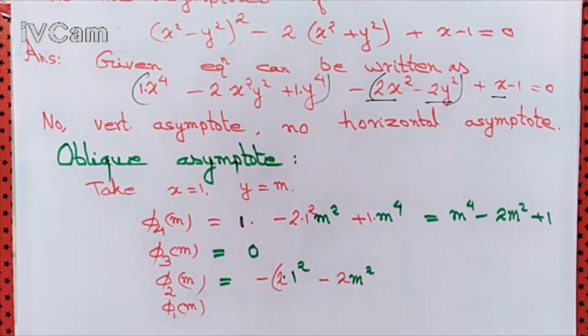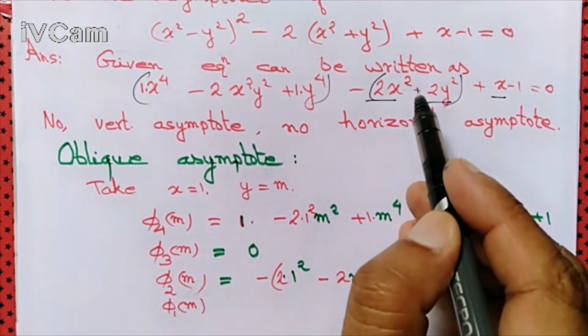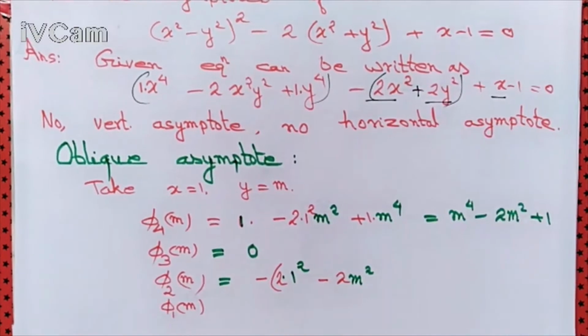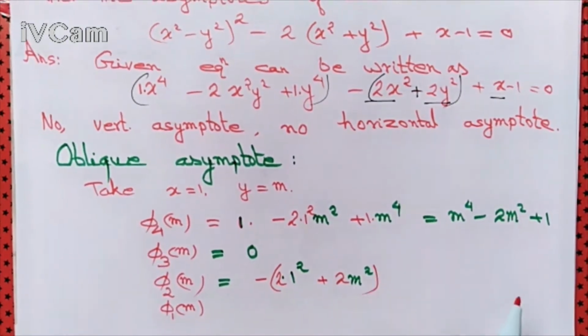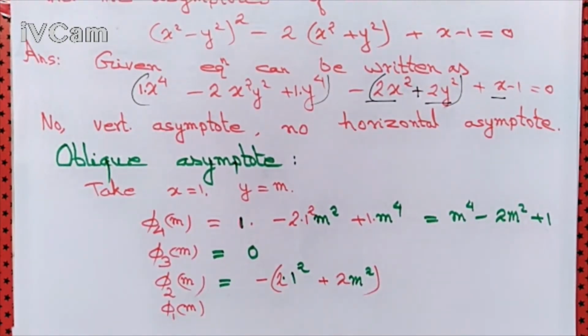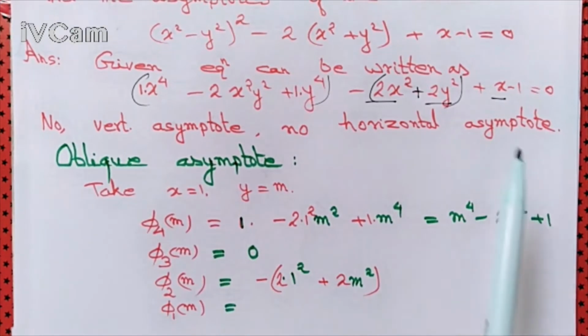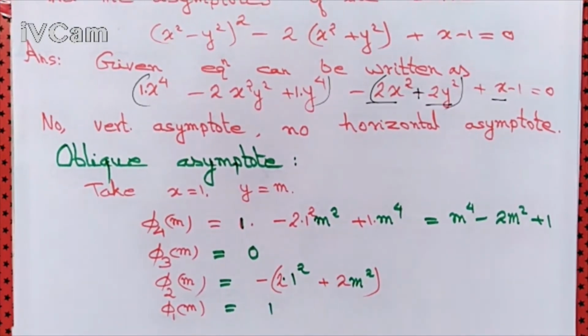Oh, if I write a bracket here, I should write plus here. Phi 1(m), let's write x equal to 1 in each term of degree 1. There is only one term of degree 1.